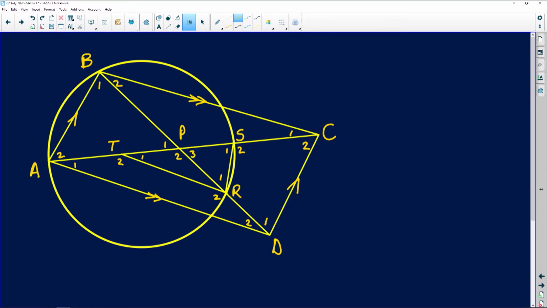Okay, here they tell us that ABCD is a parallelogram. Now remember what I said? If you read something important, you stop and you fill the information on your diagram. What do we know about a parallelogram? We know opposite sides are parallel. We also know that opposite sides are equal. We know that opposite angles are equal.